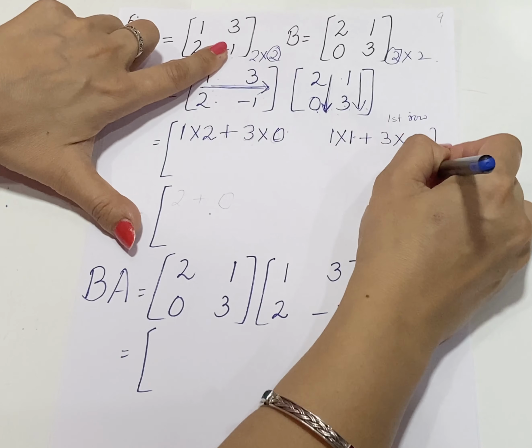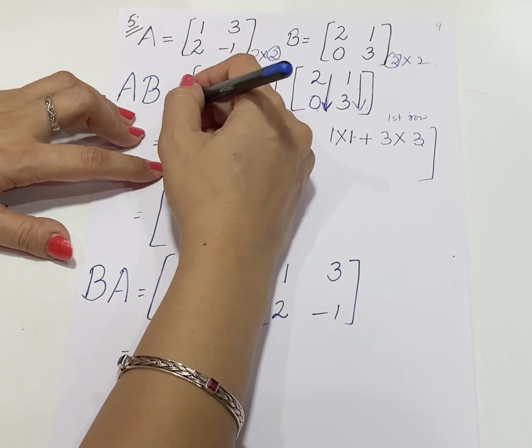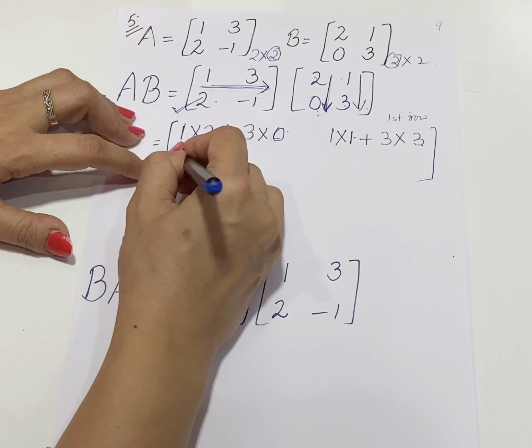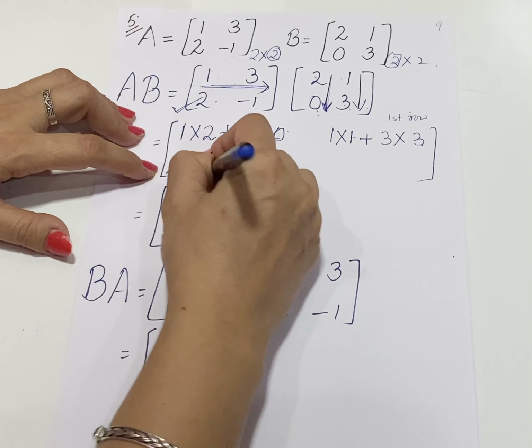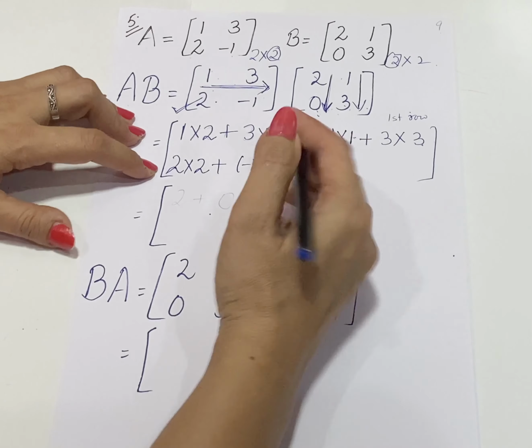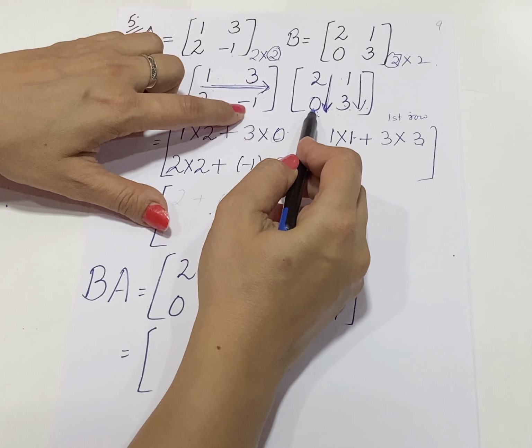Right? Now this is second row, first column. So we are going to take the second row and first column, and their corresponding elements are multiplied: 2 into 2 plus minus 1 into 0.